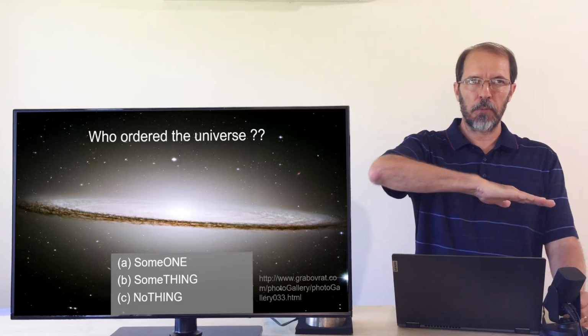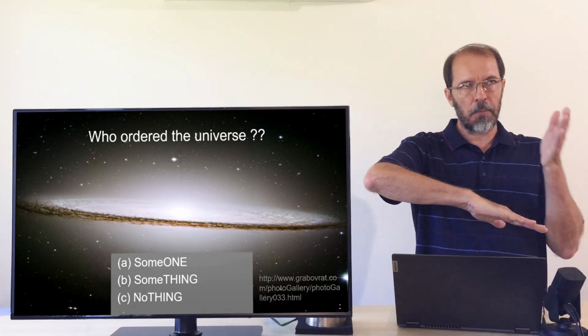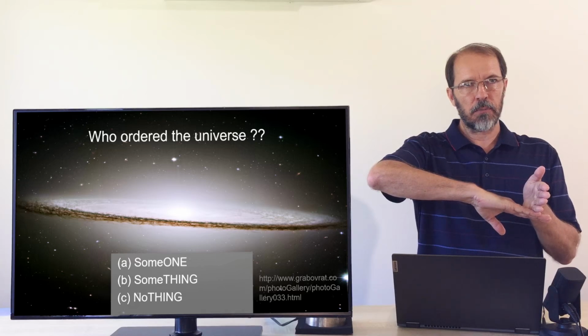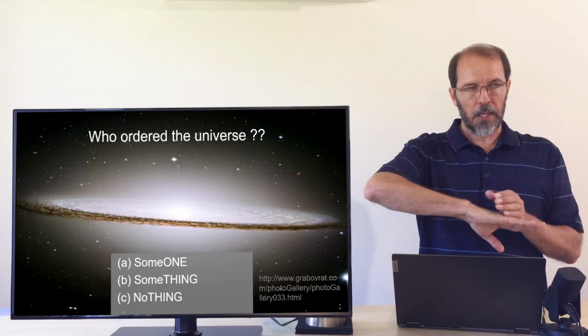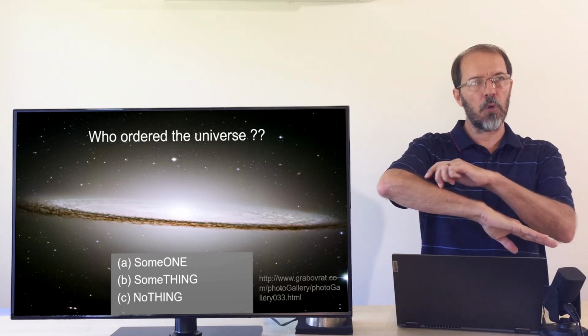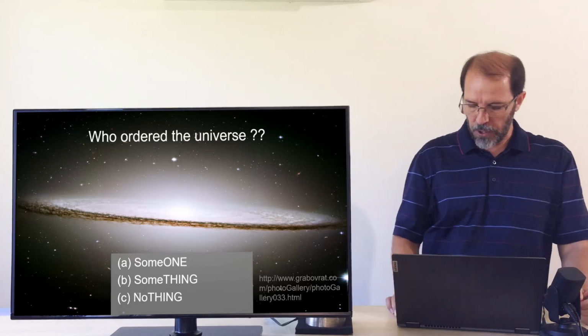What does the law of entropy teach us? Or can something sit down and have a meeting and make decisions to work and order? Can no thing sit down and decide at a specific point in time to make decisions? And can no thing work? The law of entropy is clear.